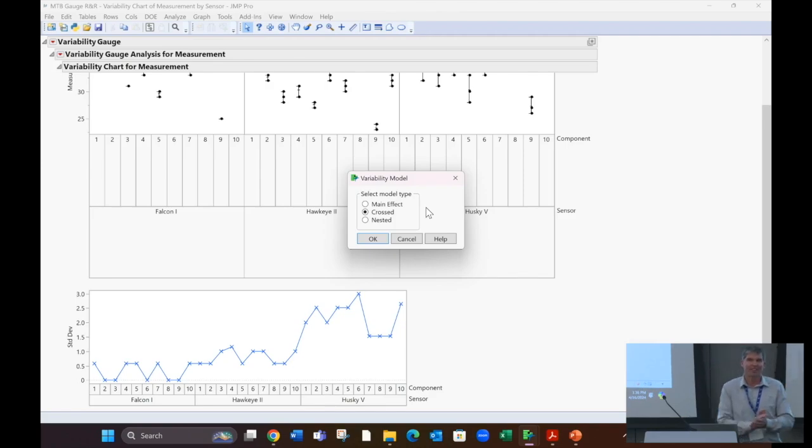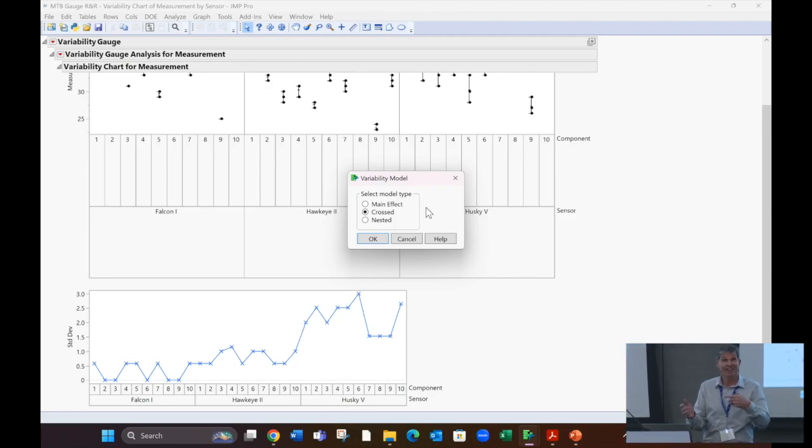NDE, anybody heard of NDE? Non-destructive evaluation. If you measure something and you don't destroy it, then Tom can measure it too, right? If you can do that, then that's crossed. That means that everybody is measuring the same thing. But if I have something from lot 1 and I measure it and then it's destroyed, then we need Tom to measure something else from lot 1.